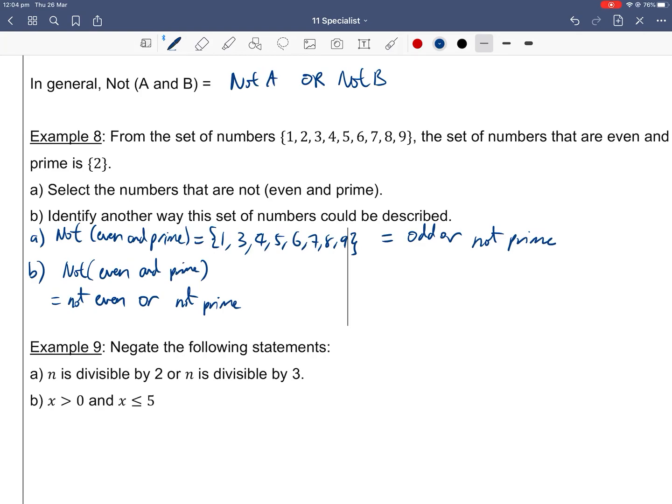And that agrees with our set of numbers. It's the numbers that are odd, 1, 3, 5, 7, 9, and not prime, 4, 6, and 8. So therefore, the set of numbers that are odd or not prime.